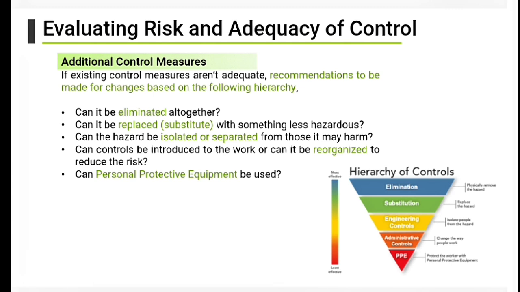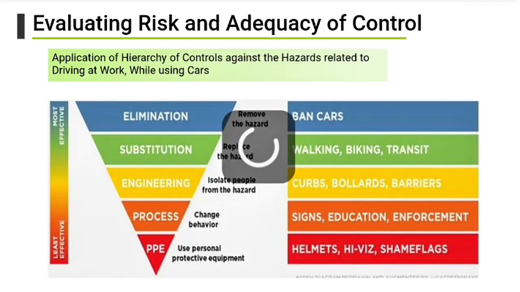If substitution is not an option, the focus turns to isolating or separating the hazard from individuals who could be affected. Additionally, engineering controls may be introduced, or work processes may be reorganized to reduce the associated risks. As a final safeguard, personal protective equipment, PPE, is considered when no other control measures suffice. This approach ensures that risks are minimized effectively and safety remains a top priority in the workplace.